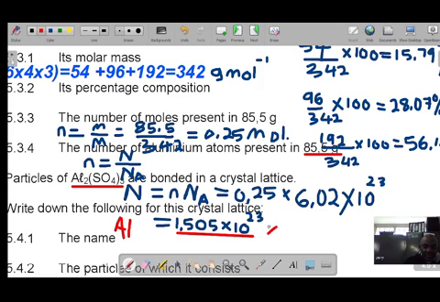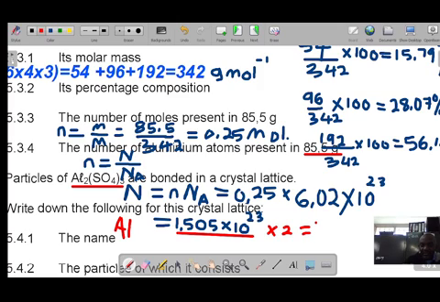Why? Because each aluminium sulfate packet contains 2 aluminium atoms. So multiplying by 2, we have 3.01 times 10 power 23.